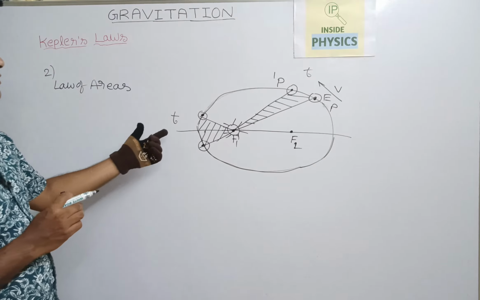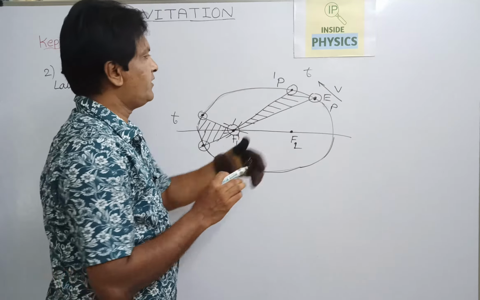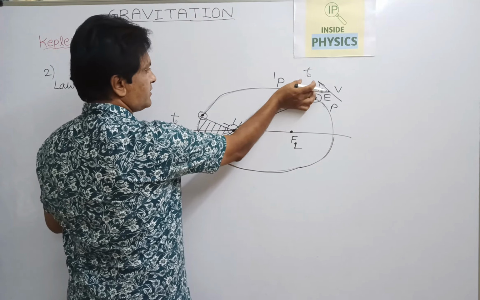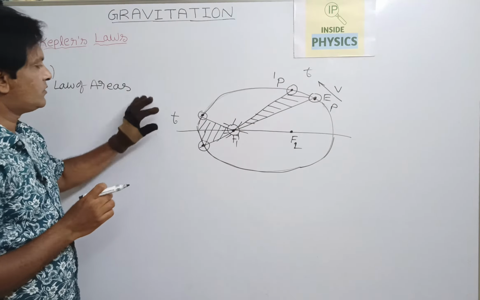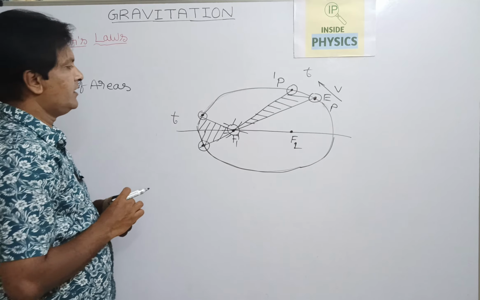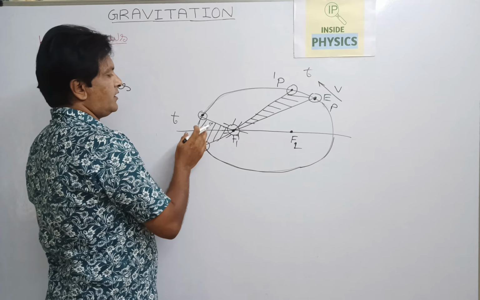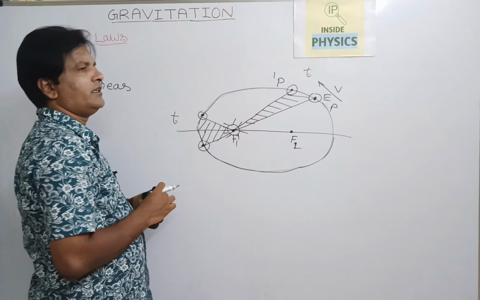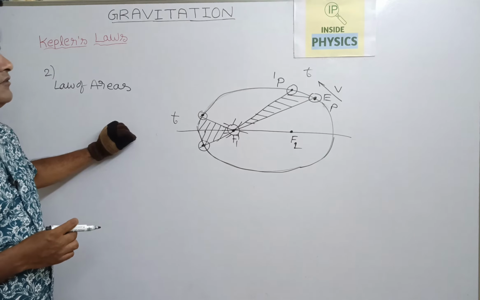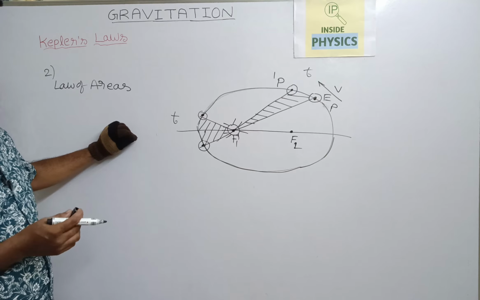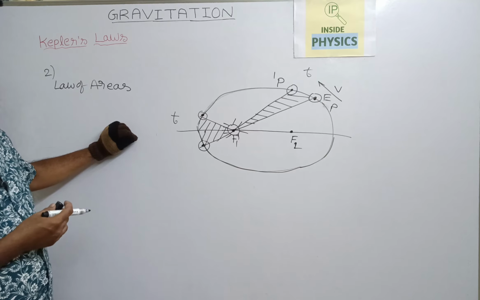So the time interval here is the same t, and here also the same t. In the same time intervals, the area covered by this line is the same. That means it sweeps equal areas in equal intervals of time.